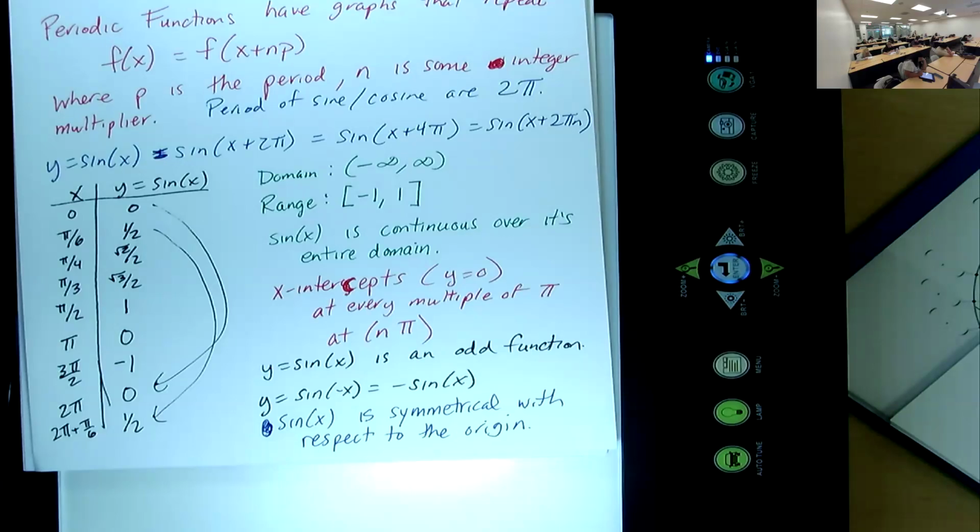That's not the case with cosine. Cosine has a much friendlier symmetry. Symmetry with respect to the origin is really hard to picture. Symmetry over y and symmetry over x are easy, they look like mirror images. This is symmetry in a weird way.